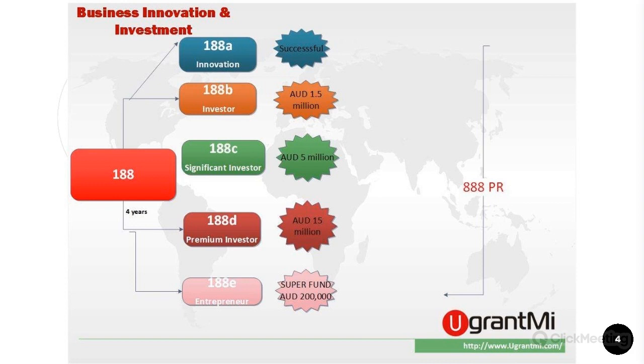We're going to talk in depth about the 188 innovation visa, because this type of visa is nominated by each state, any state. The state government nominates the visa applicant, and the minimum requirements will be different from one state to another. The hardest one is New South Wales.